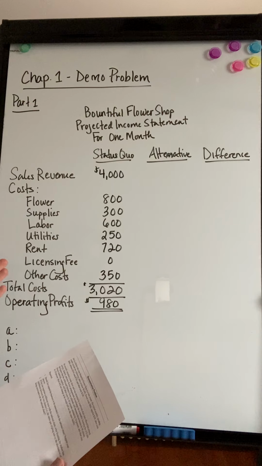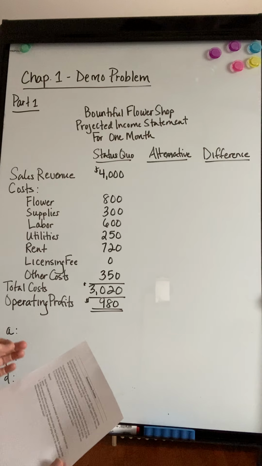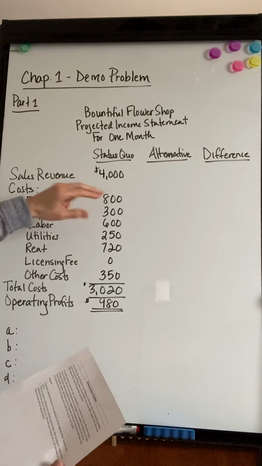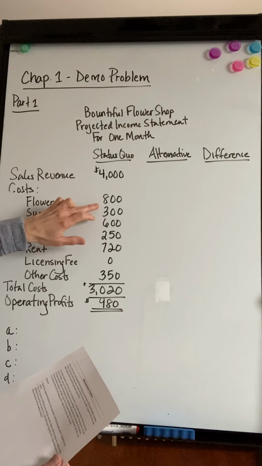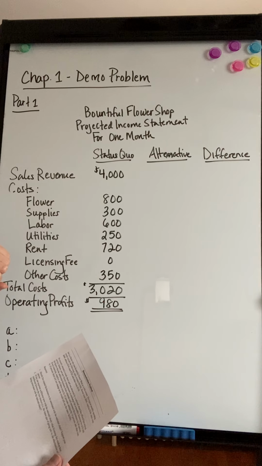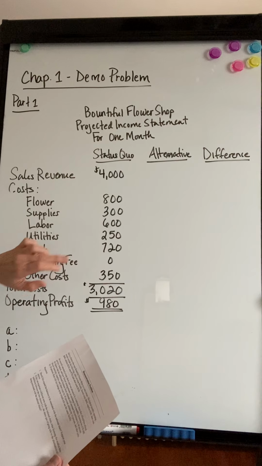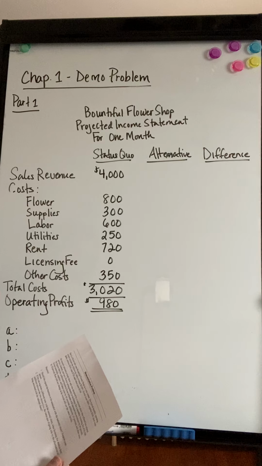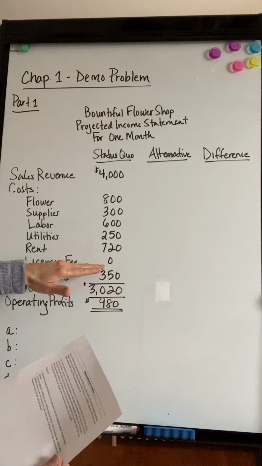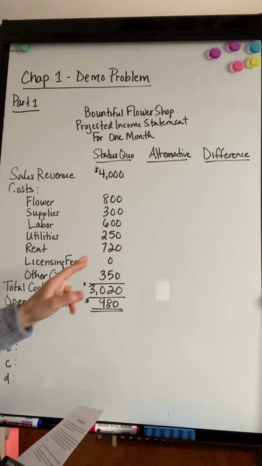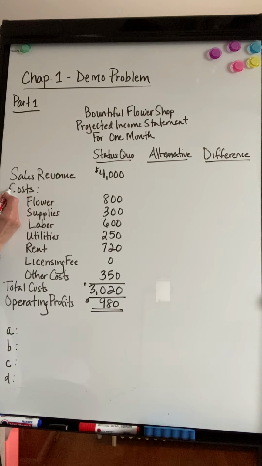So it says his typical monthly operating results include the following: sales revenue, $4,000, there that is. And then here are all his costs. Flowers, $800, supplies, $300, labor costs, $600, utilities, $250, rent, $720. I have this licensing fee in here just because I know it's coming. We don't have the licensing fee just yet, right?